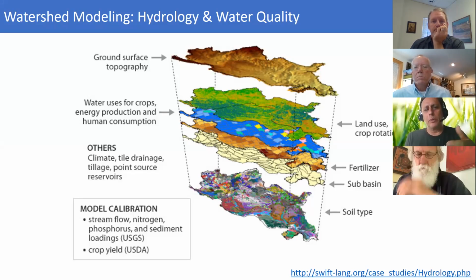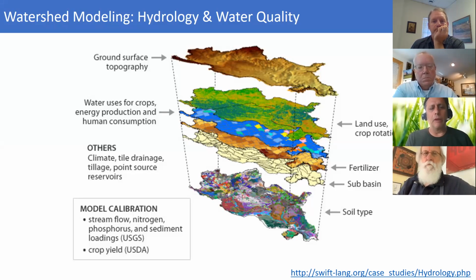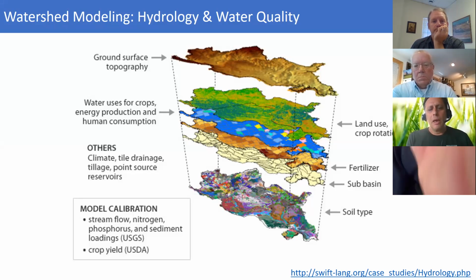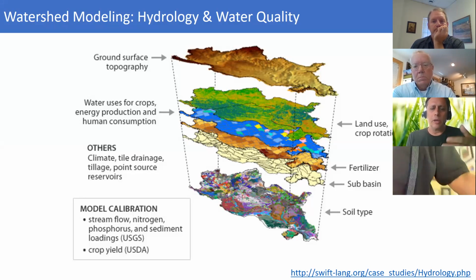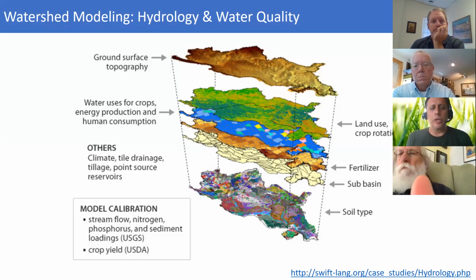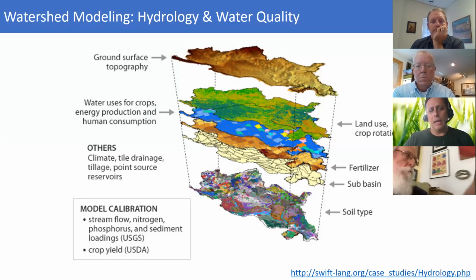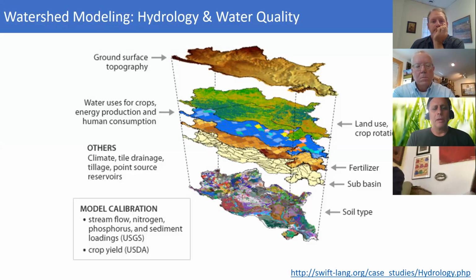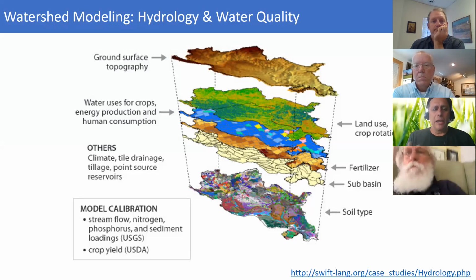So we take, for example, the topography, the land uses, the water that's used for those land uses, for example for different crops and for human consumption, the application of fertilizers and other things that are needed, the subbasins that we want to consider, the soil types, and all of these pieces of information. In addition, we take into account the climate, operations, management practices like tile drainage, and point sources.